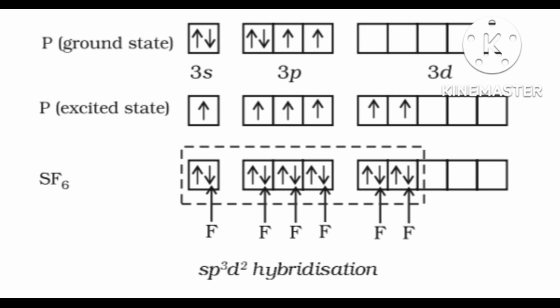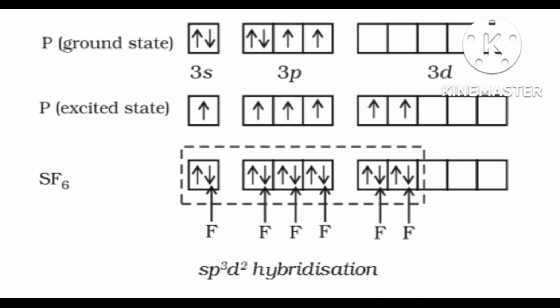Then the next step: 5 chlorine atoms will come, and each chlorine atom will make a bond with one of these sp3d hybrid orbitals. Total 5 orbitals of equivalent energy are there, and they will make 5 bonds with 5 chlorine atoms, and PCl5 will be formed.